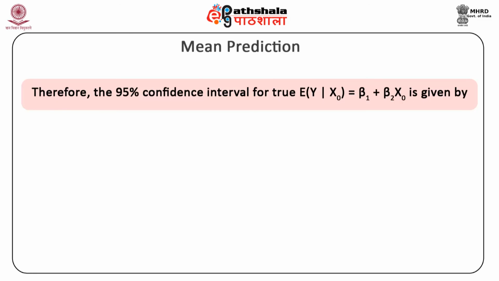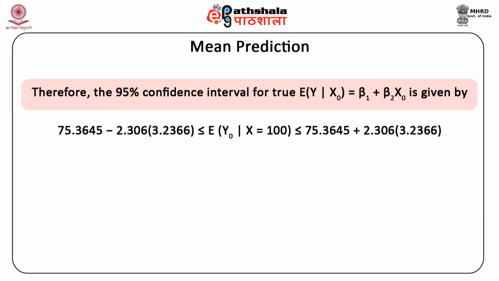Therefore, the 95% confidence interval for the true expected value of y given x equal to x0, that is beta 1 plus beta 2 x0, is given by substituting the values: 75.3645 minus 2.306 into 3.2366 less than or equal to the expected value of y0 given x equal to 100, which is less than or equal to 75.3645 plus 2.306 into 3.2366.